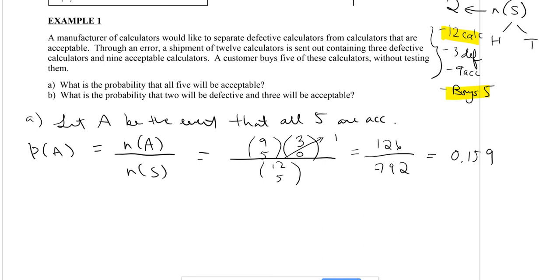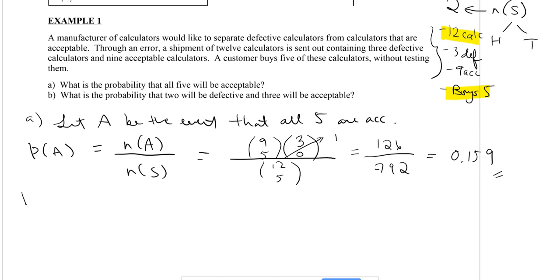Okay. For these types of questions, it's always a good idea to express your final answer as a decimal value and to round it to 3 decimal places. If you round it to 2, you might have a tendency to over round. So the third decimal place is a safe place to round to.